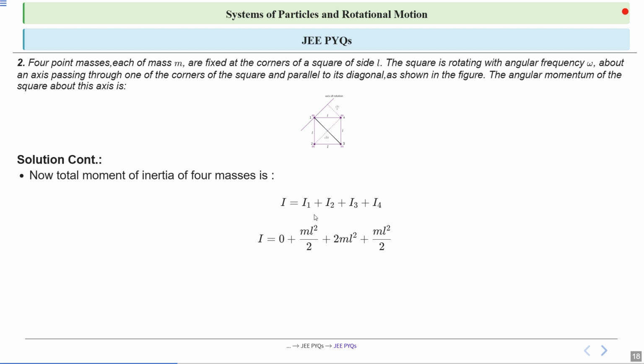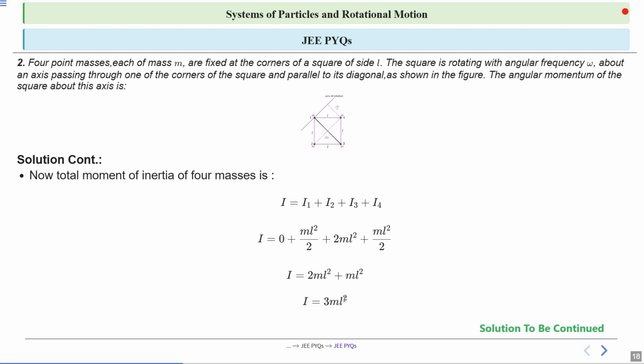We know I1 is 0, I2 is m L square by 2, I3 is 2 m L square, and I4 is m L square by 2. Half m L square plus half m L square is m L square, and adding 2 m L square, you get 3 m L square.